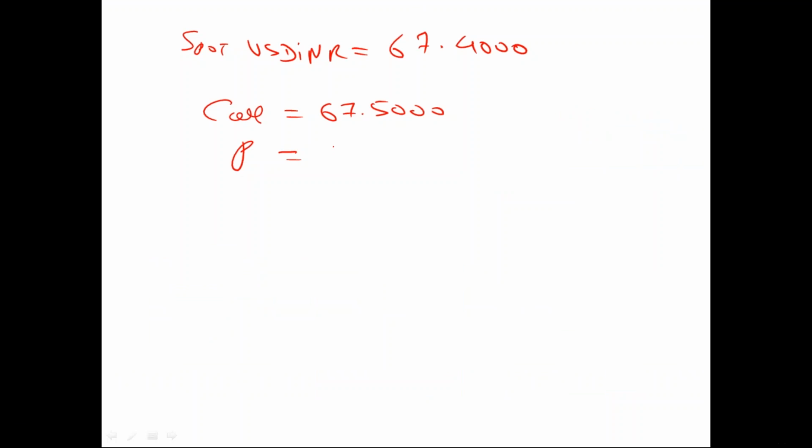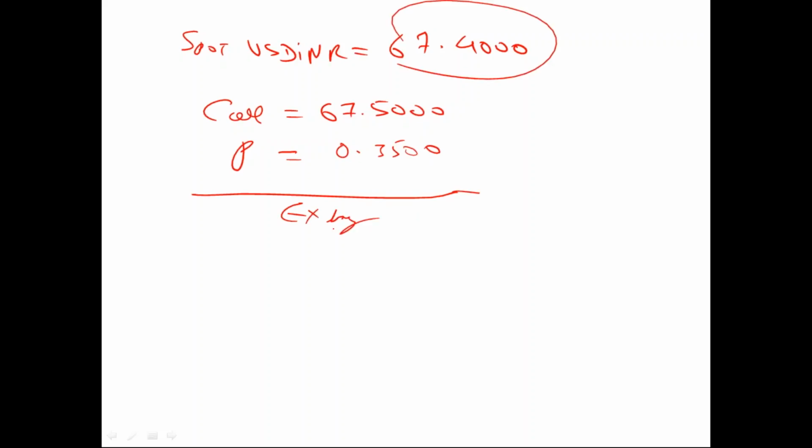So the premium here is 0.3500. Now what happens on the date of expiry? Let's say on the date of expiry the spot goes up, this thing increases.